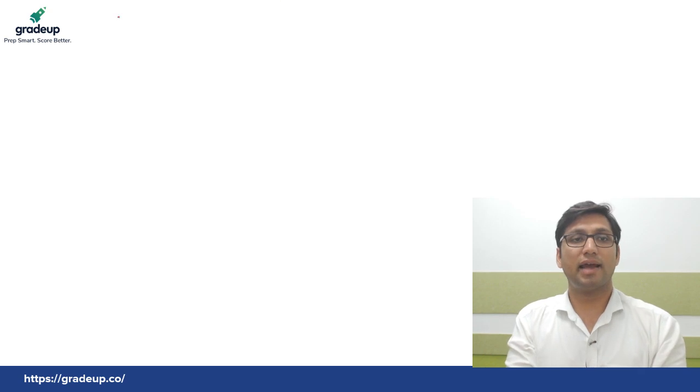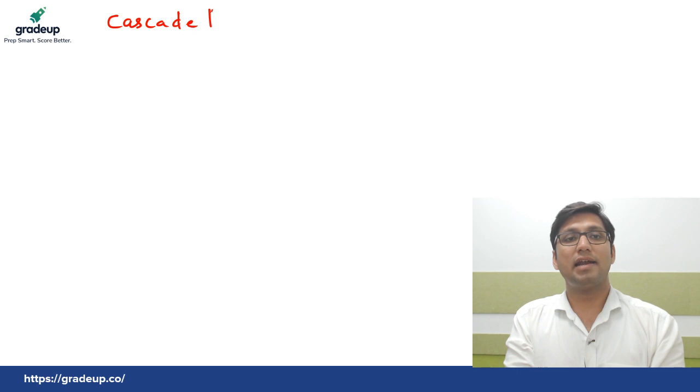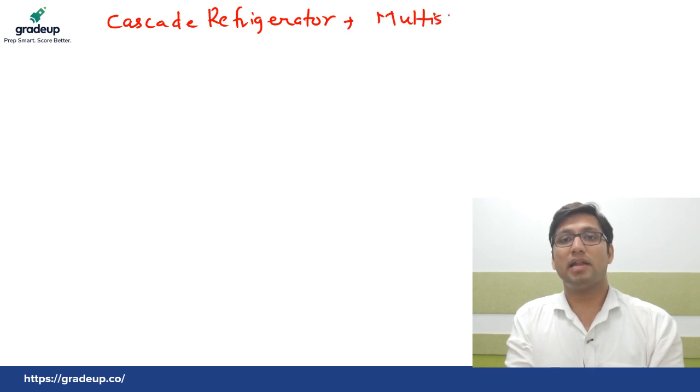And the last thing that is important is the cascade refrigerator. Cascade refrigeration is done in the vapor compression refrigeration system, which is also called multi-stage. It is based on multi-stage compression of refrigerant vapor.